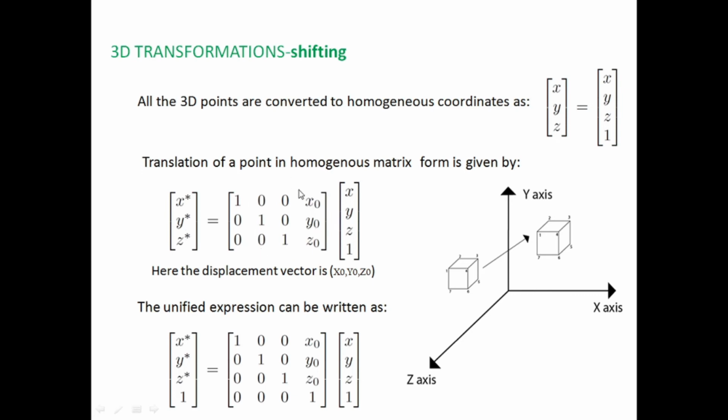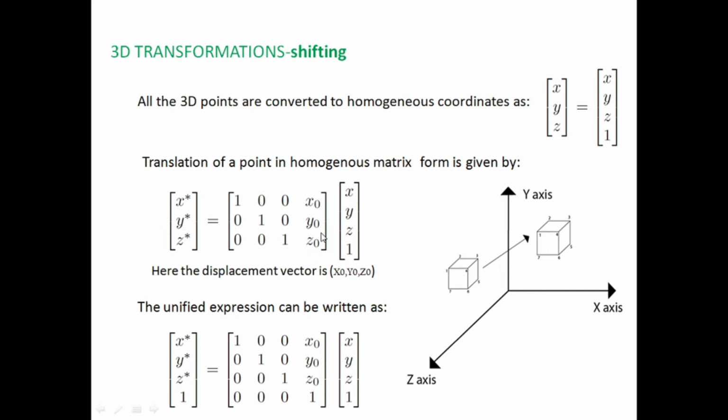There will be a transformation matrix like this, and this is x, y, z, 1. Of course, x0, y0 and z0 are the displacement vectors. Finally, the translation of a point is given by x star equal to x plus x0, y star equal to y plus y0, z star equal to z plus z0.